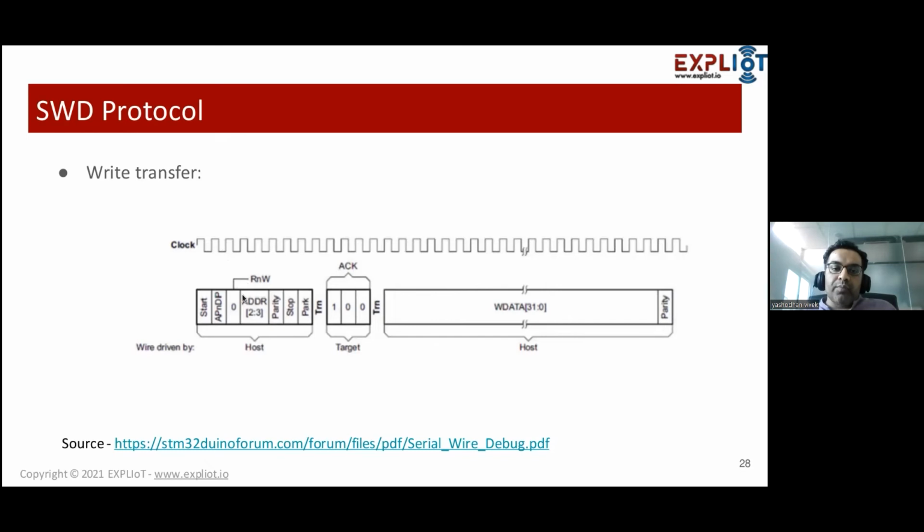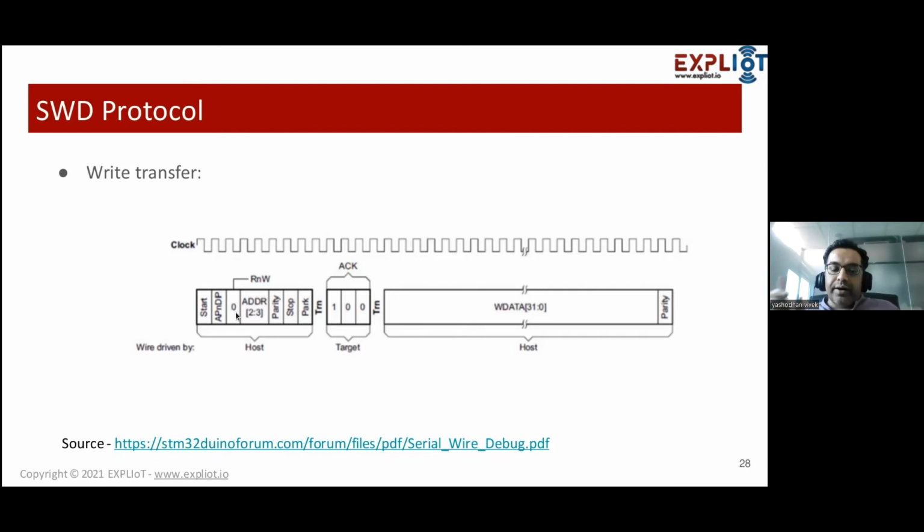If you look at the read and write frame, the first part is the header, where one of the bits is AP and DP, right? If we set this bit as 0, it will act as a debug port. Otherwise, if you set it as 1, it will act as an access port. That depends on what type of use case you have.